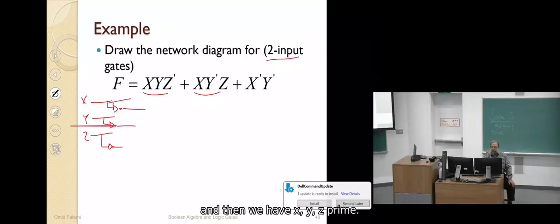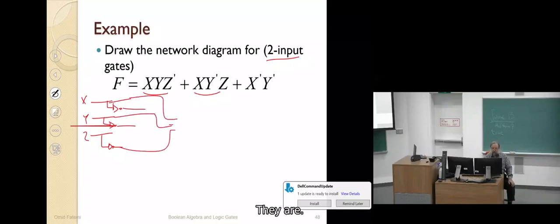Then we have x, y, z prime. So x, y, z prime. They are ANDed together. So this is the first one. Then we have x, y prime, z. X, where is x? X is here.